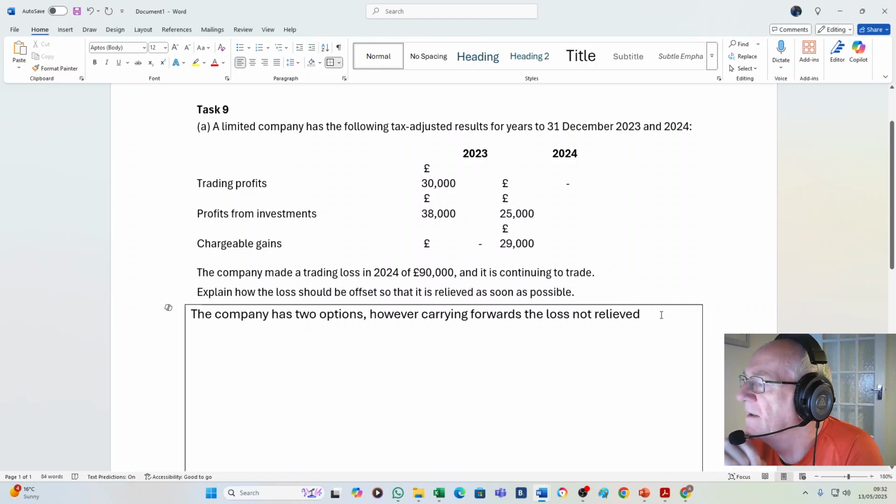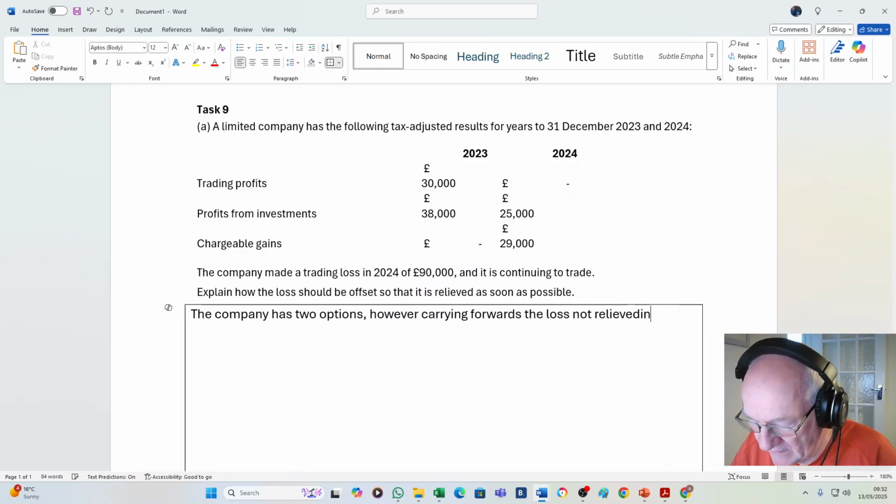to account for the loss not relieved in the current year.